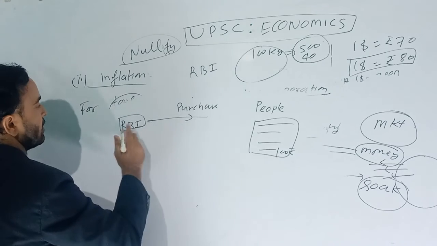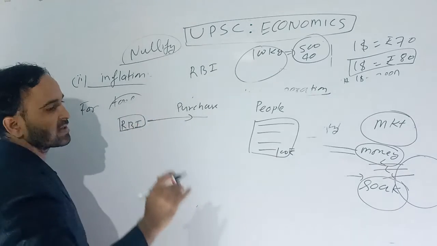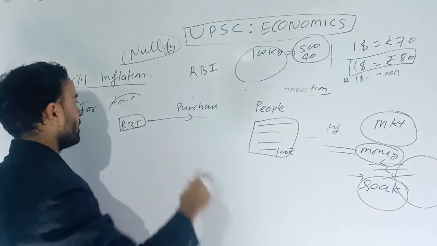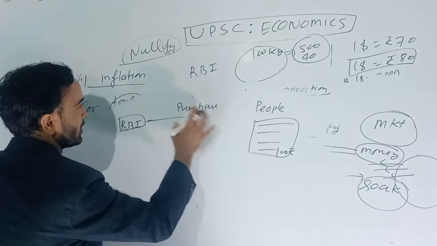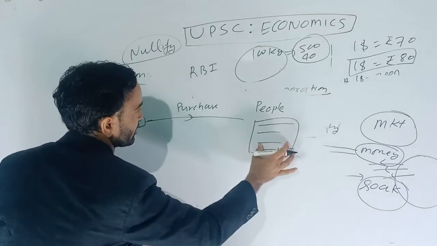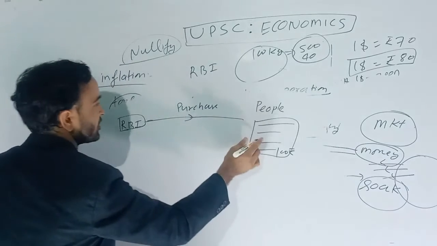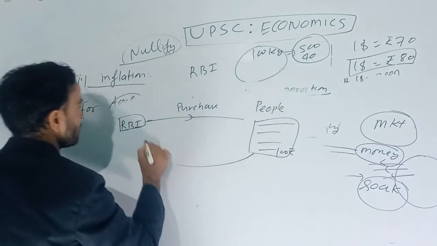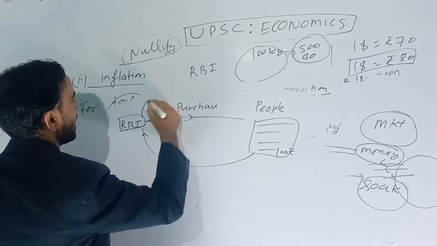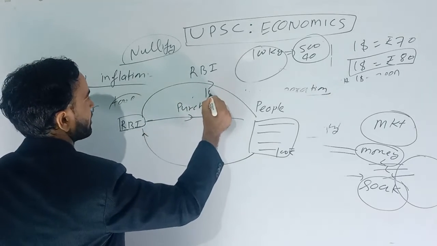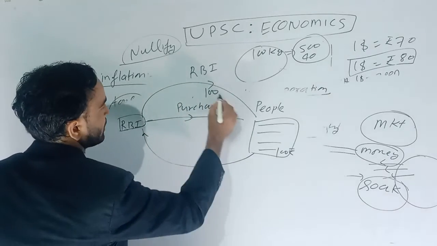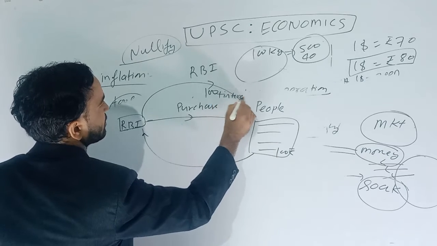Whenever there is deflation, and the time comes, RBI purchases the government security from the people. The paper comes to RBI, and in response RBI gives them money, that is 100 rupees plus interest.